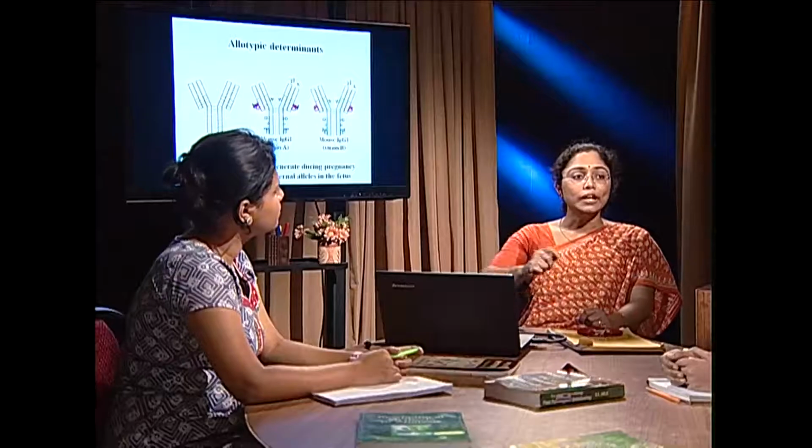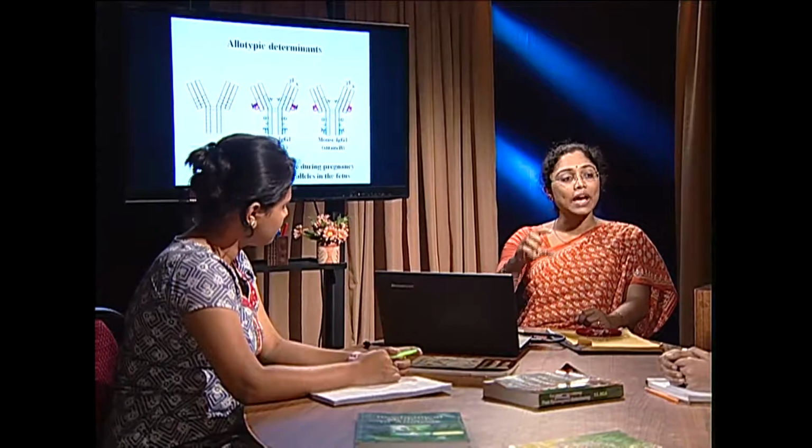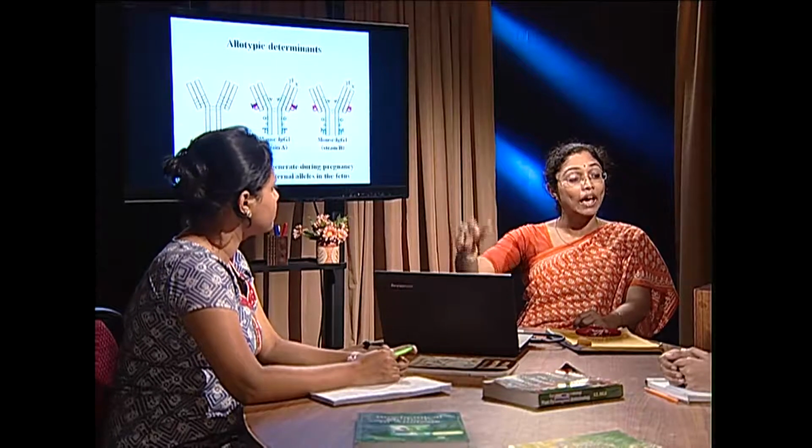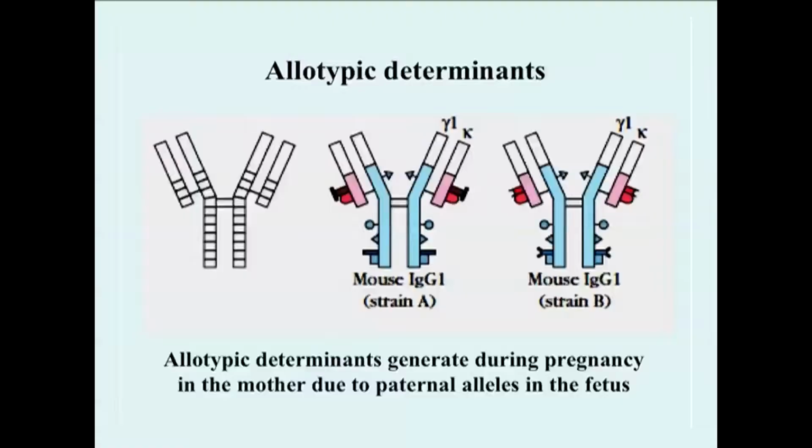Next is allotypic determinant. Like I told you, IgG can be of 4 sub-isotypes, IgG 1, 2, 3, 4. So, suppose we take IgG1 from one member of a species and inject it into another member having a different allotype, then the determinants present in the constant region heavy chain will be considered as foreign and antibodies will be developed.